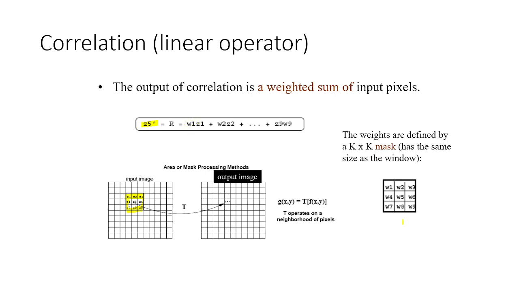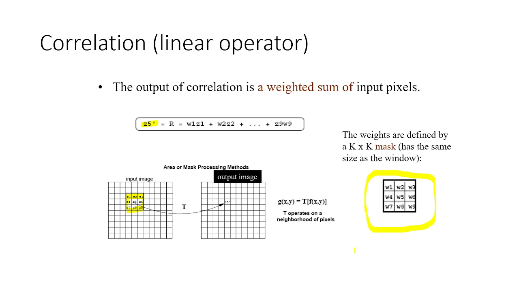W is a window, known as a mask window. This weighted mask window is applied on each pixel value, that is the gray value of that particular pixel, and then you get the new Z5 value.